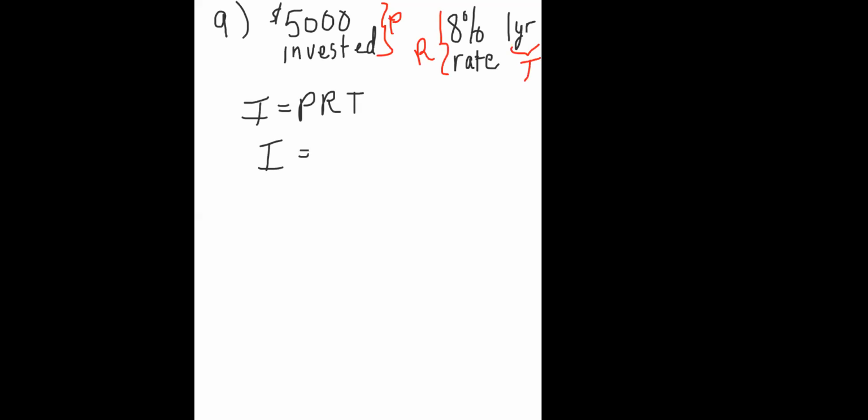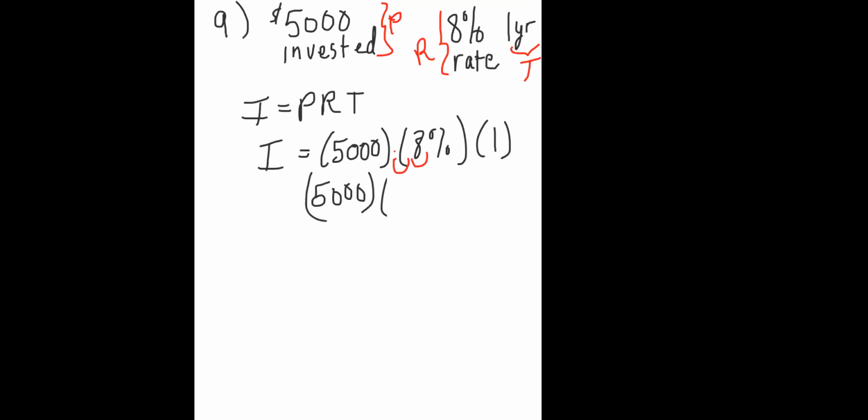We get I equals 5,000 times 8% times 1. So we need to change 8% into a decimal by moving the decimal place over 2 places to the left. And we get 5,000 times 0.08 times 1.